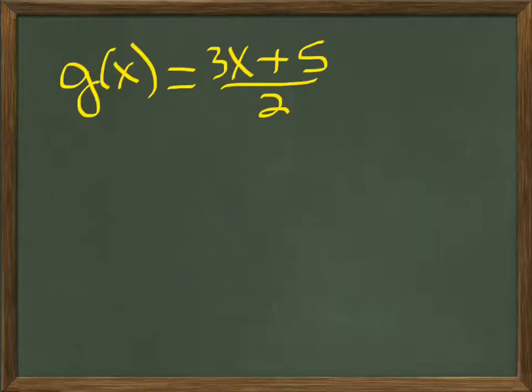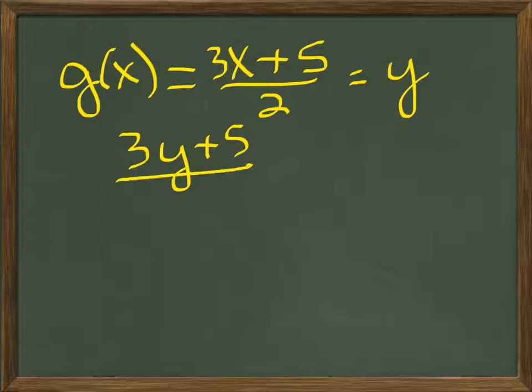So let's look at another function. g of x is equal to 3x plus 5 divided by 2. I'm going to go ahead and set this equal to y. And then I exchange my x and my y values. And once again, the next step is to solve for y.